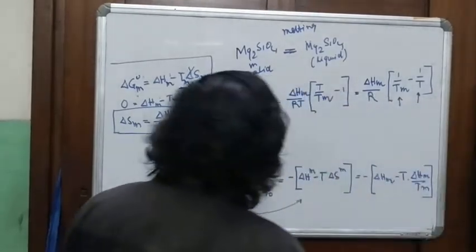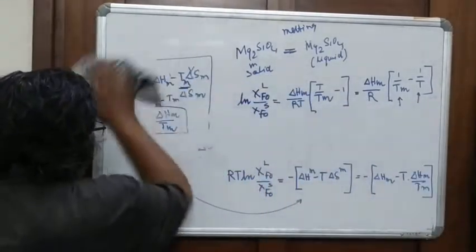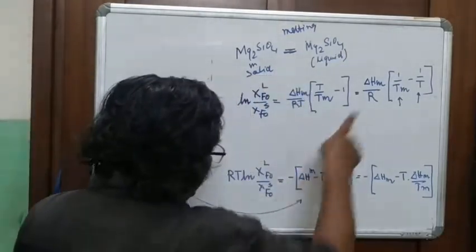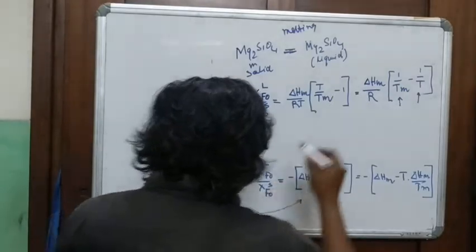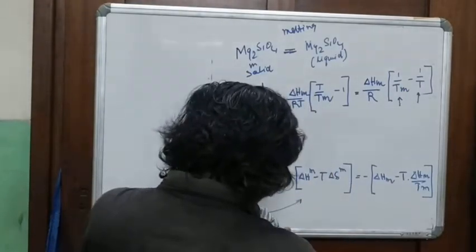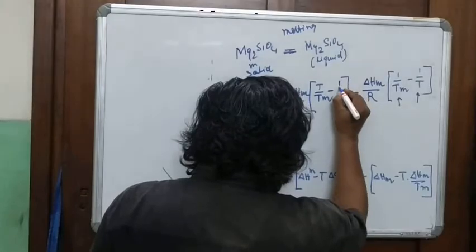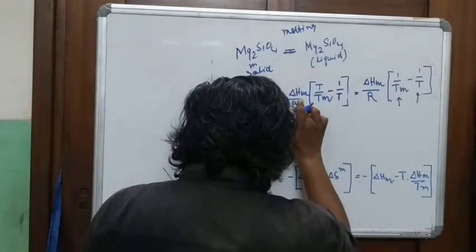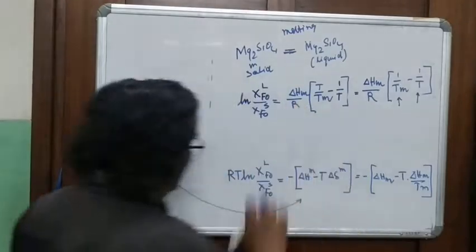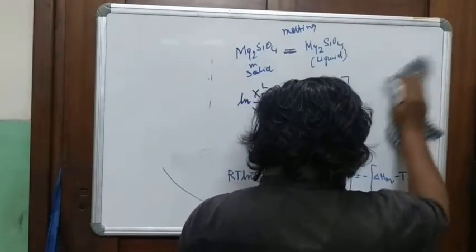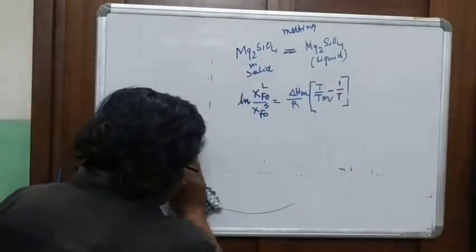Now let me write it again, this little equation. So I'm erasing this, and instead, now that you have got this, I will erase this, and I will erase this.